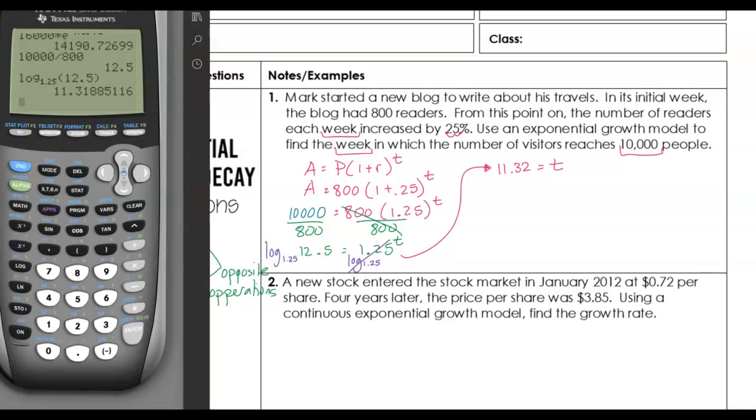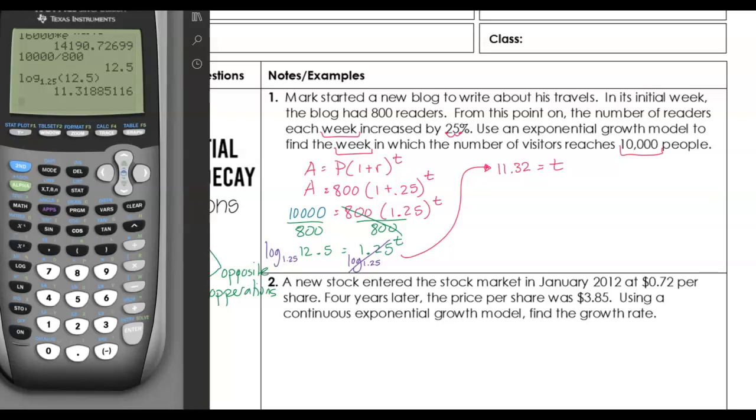You would say about. Now, what I'm asking is, I want this rounded to a whole week.